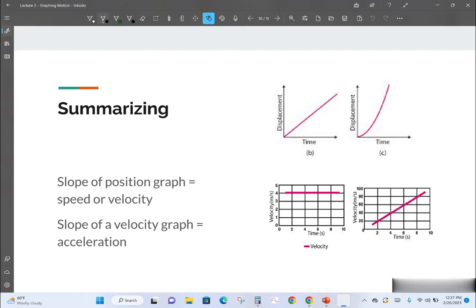If the displacement position graph is parabolic, the velocity graph will be a line, and the slope of that line equals acceleration, and the area under that line equals the displacement if you take into account the direction, or distance if you don't. And the slope of this graph up here is meters per second, or velocity.